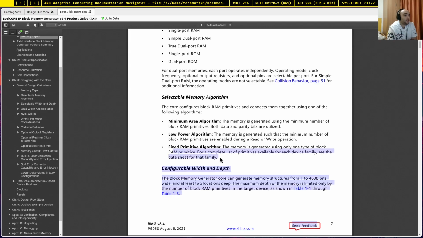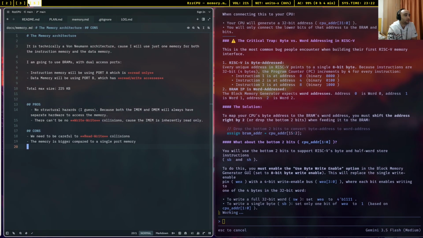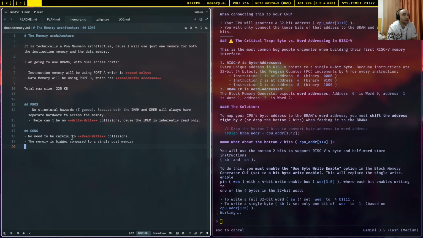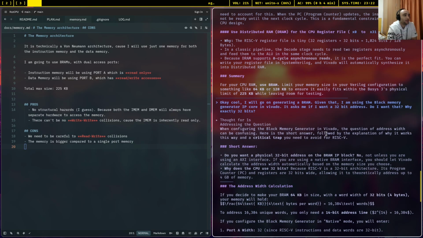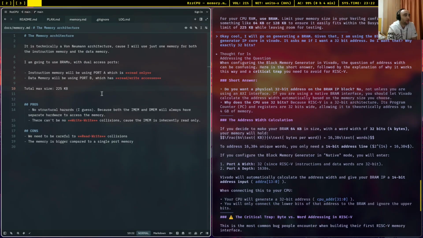Why? Well, I would go with minimum area. I really don't care about power, so this is not an embedded project in the sense that it needs to run on a battery, so we don't care about that. So actually, let's do this.